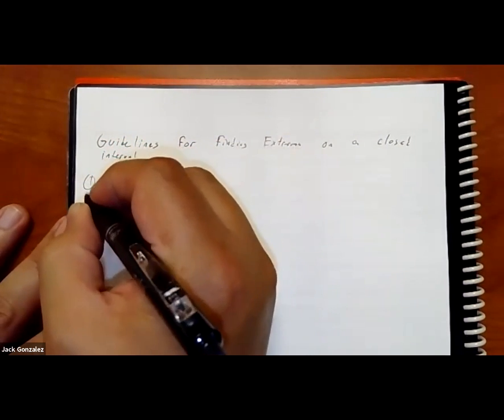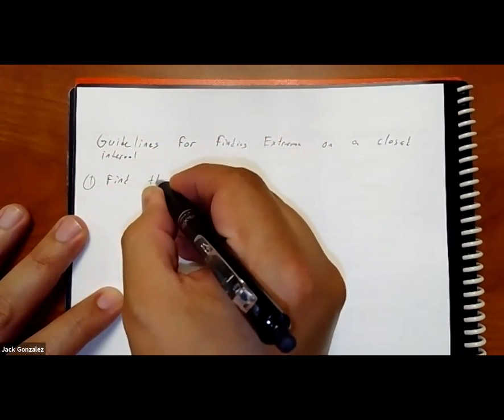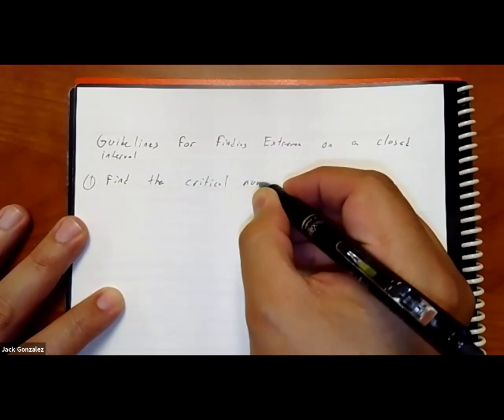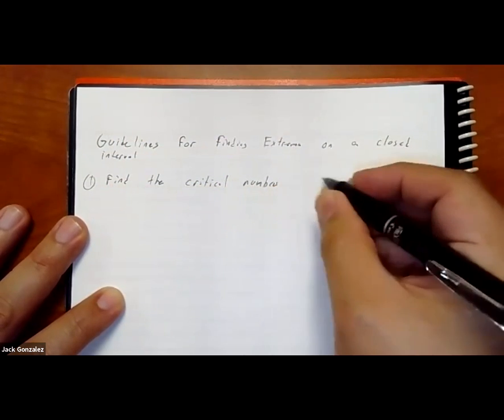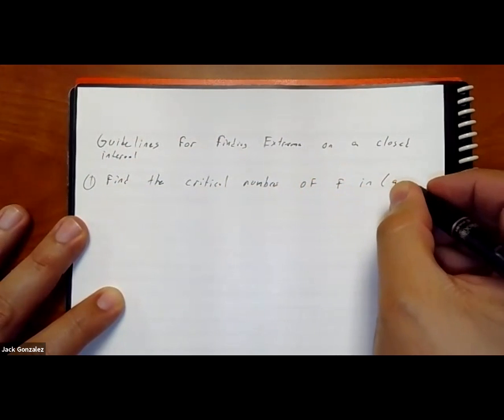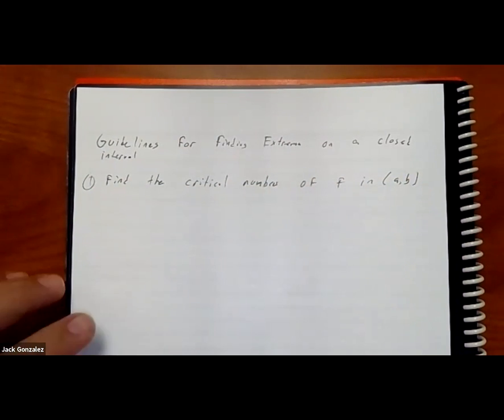Number one, first thing you do is find the critical numbers of f in (a, b). So find all the critical numbers between the interval a to b.